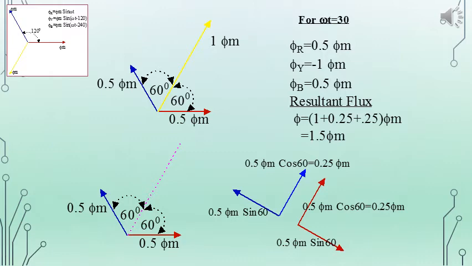The resultant for phi b and phi r is obtained along the direction of phi y in the phasor, and we will get the total resultant magnitude as 1.5 phi m.